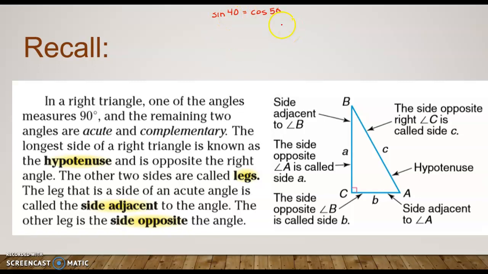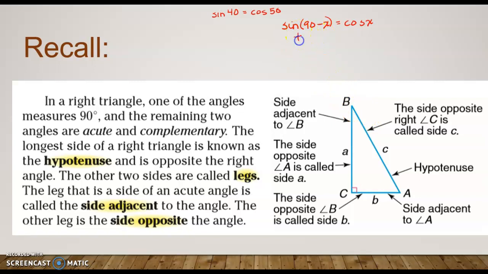If they are complementary angles, you normally write it as sine of 90 minus x equals cosine of x. These are called cofunction identities. They come basically from this.